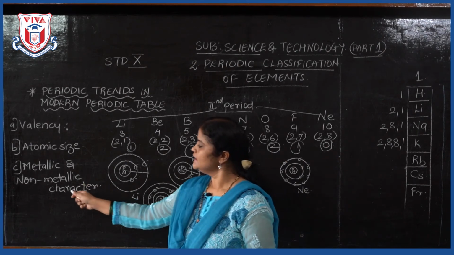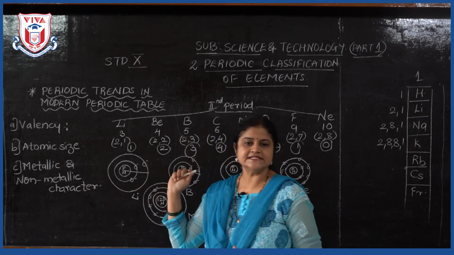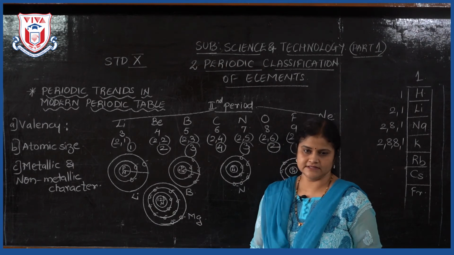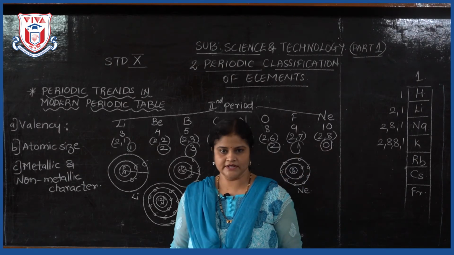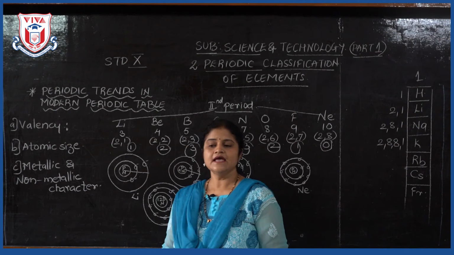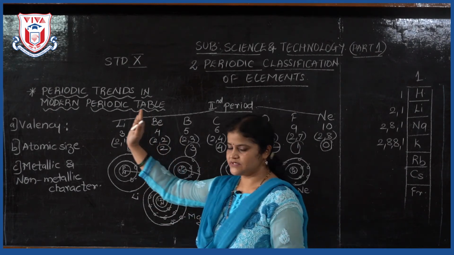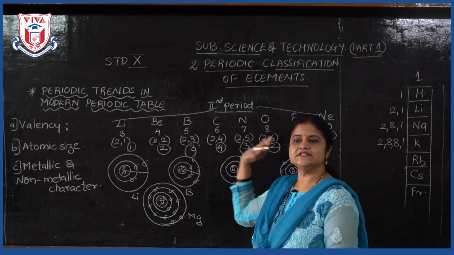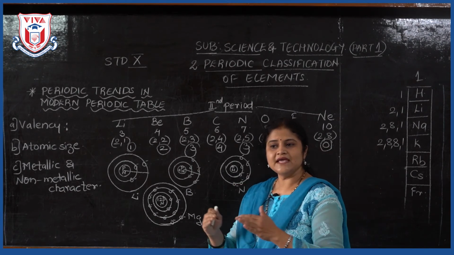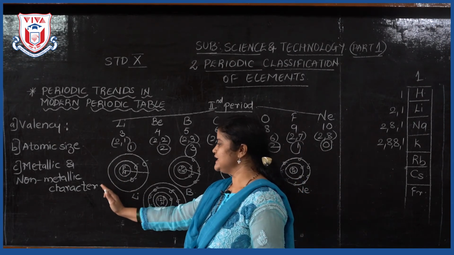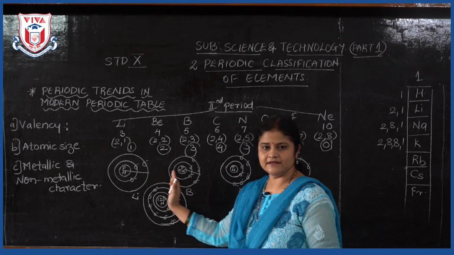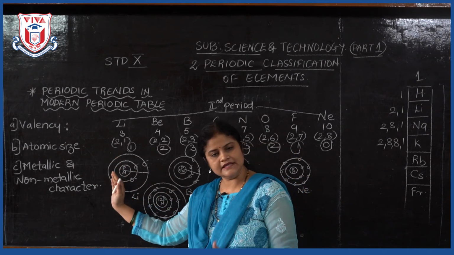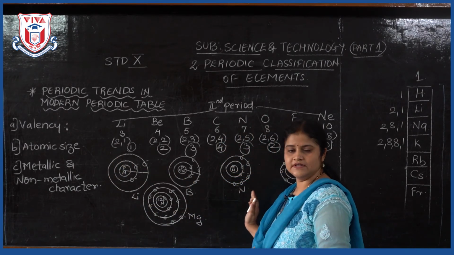Okay. Now about the third subtopic, that is the metallic and non-metallic character. In the structure of the modern periodic table, we have already studied that metals are placed towards the left hand side and non-metals towards the right hand side. So it makes the idea clear that metallic property will go on decreasing when we observe any period from left to right.